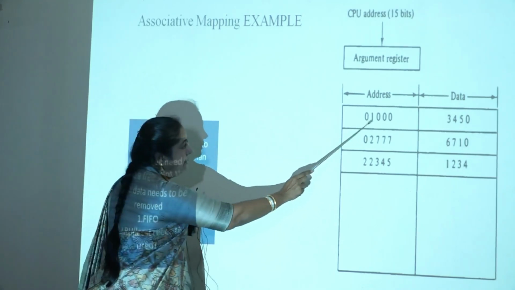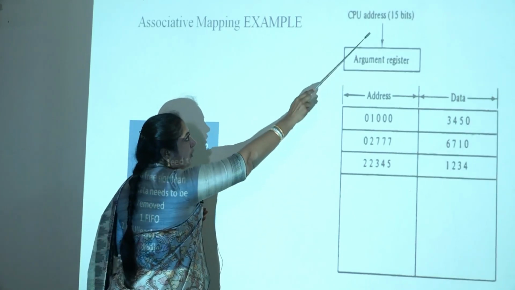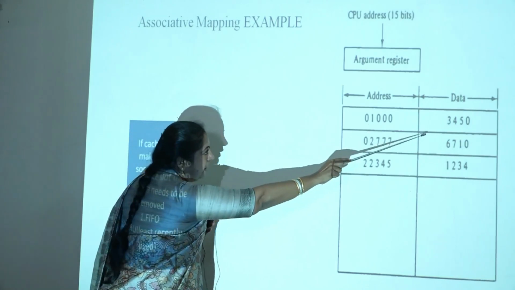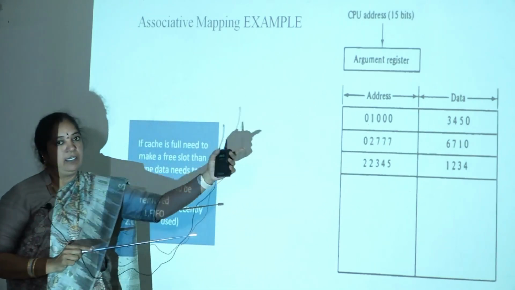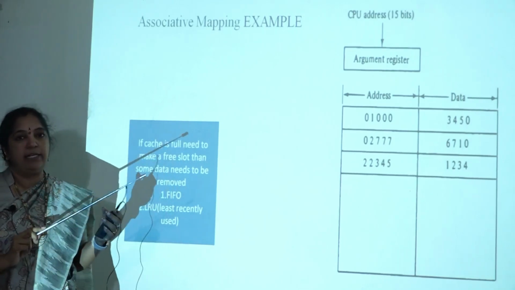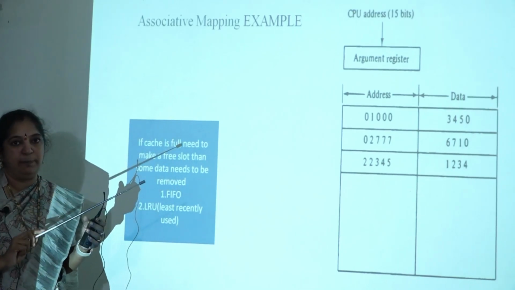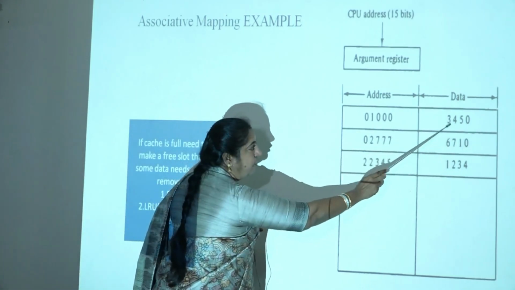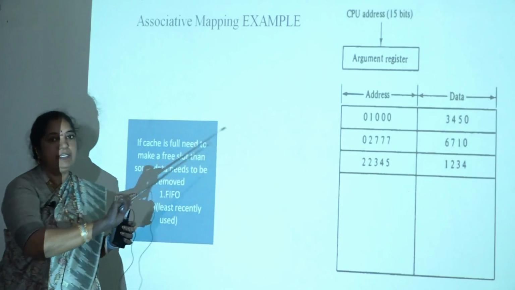So 5 digits means 5 into 3, 15 bits, is the CPU address we store, and the corresponding data we store for each address. The data word is 12 bits, which means 4 octal digits, 4 into 3, again 12 bits.